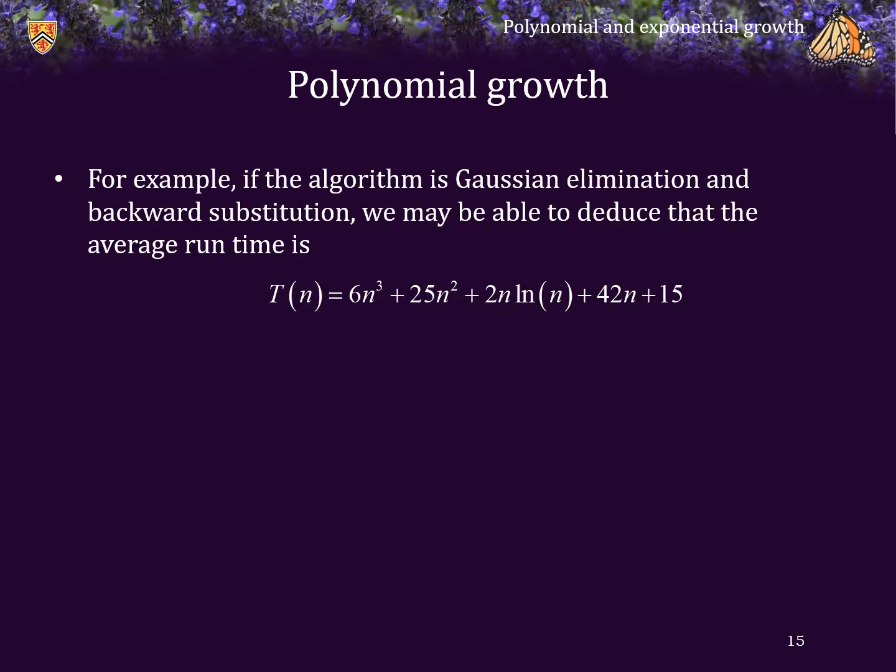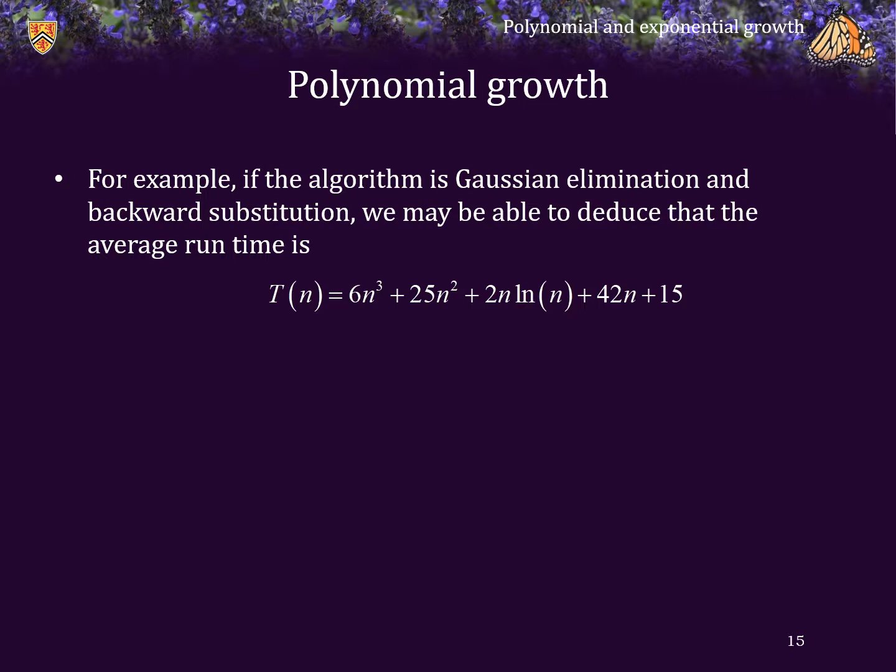For example, let's assume that we have analyzed our Gaussian elimination implementation and we have determined that the runtime should be based on this number of instructions being executed. So proportional to this. You're wondering why there is an n ln n in that expression?